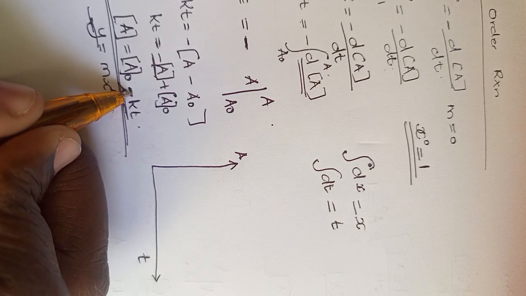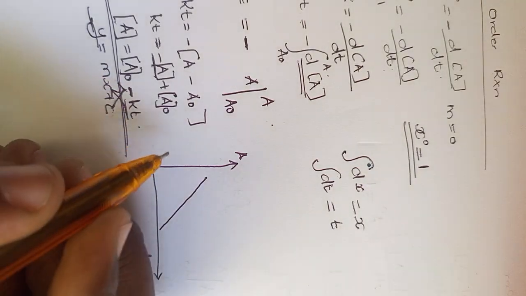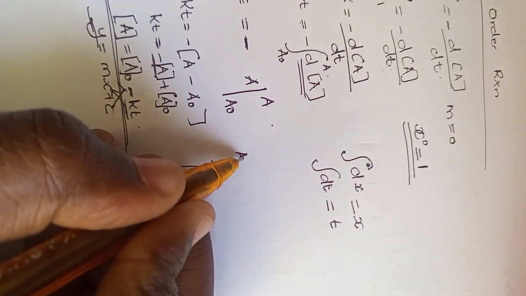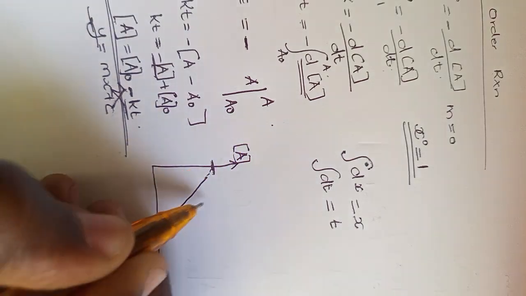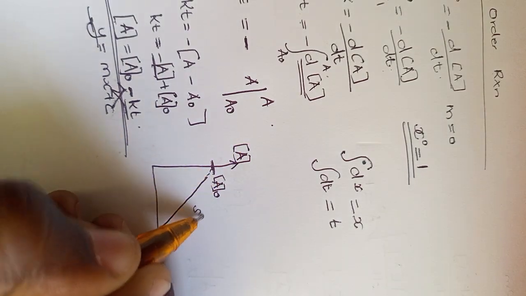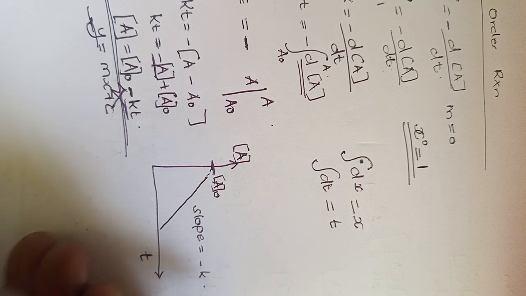Therefore, because of the negative value, our slope will be negative, a graph where the y-intercept at concentration A is equal to A naught, and the slope of the graph will be negative K.